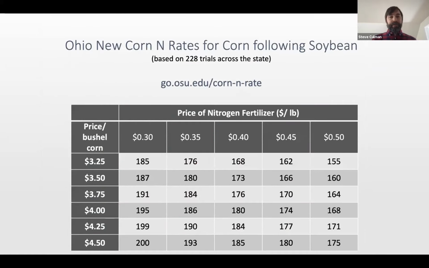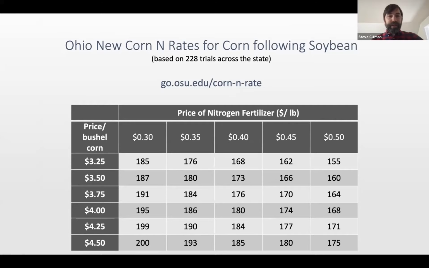Okay. So for Ohio specifically, this is based on 228 nitrogen rate trials. So these are replicated, randomized nitrogen rate trials that we have conducted across the state. A tremendous amount of effort has gone into this. And we can see that we have nitrogen fertilizer price in dollars per pound as columns, and then the price that you expect to receive for every bushel of corn grain.